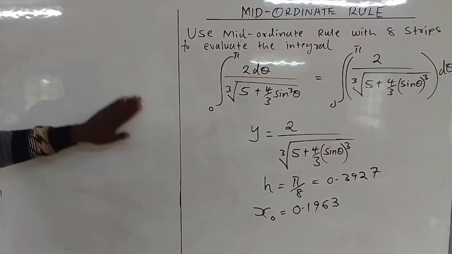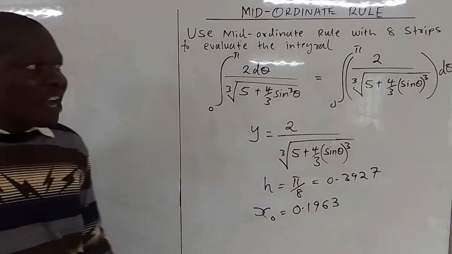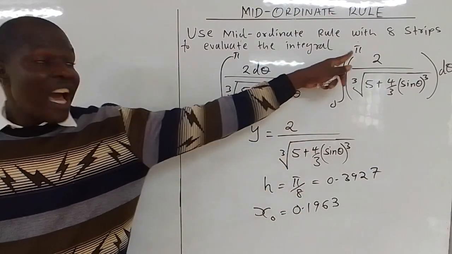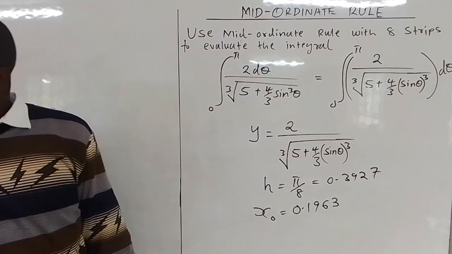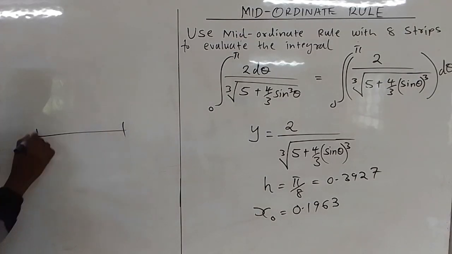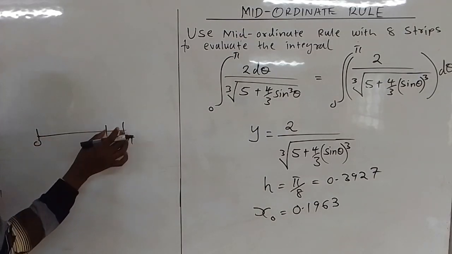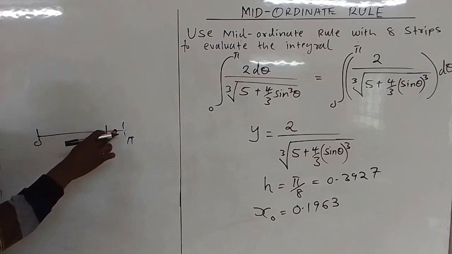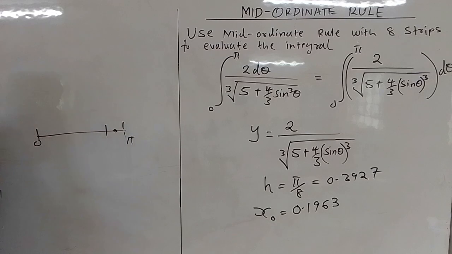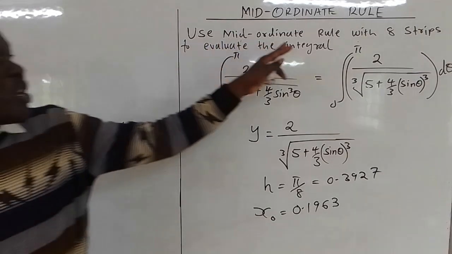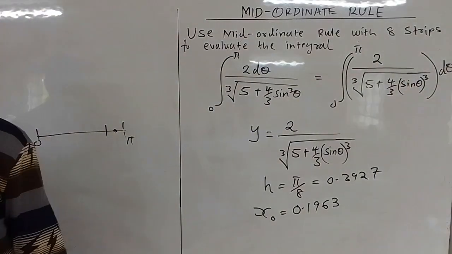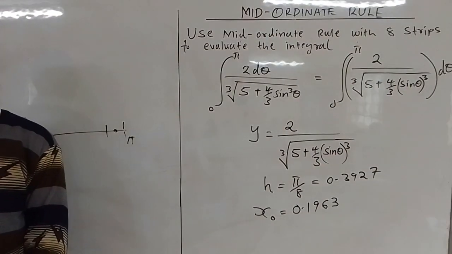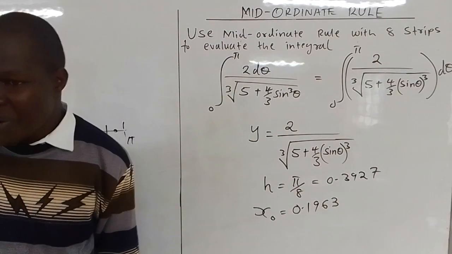After you found x0, you know the last value of x will be less than pi because it is the ordinate in the middle. Here was 0, here was pi. Meaning the last interval here, your last x value will be in the middle, a value less than pi. When it is the mid-ordinate rule with 8 steps, there are 8 ordinates, because the number of ordinates is the same as the number of steps in mid-ordinate.